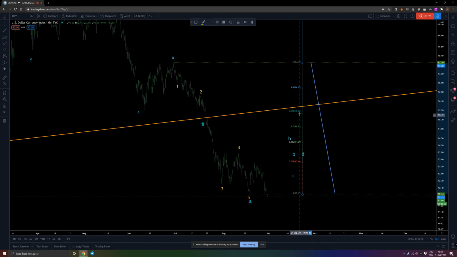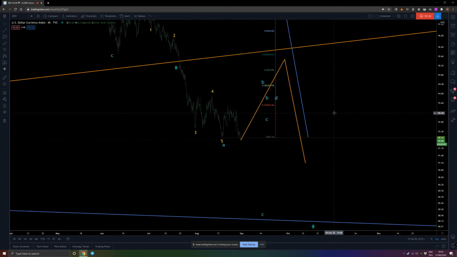So if this will be the case, we should have something like this as a B wave. As long as it remains below this, I don't have any problems. And then we should continue with a C wave.